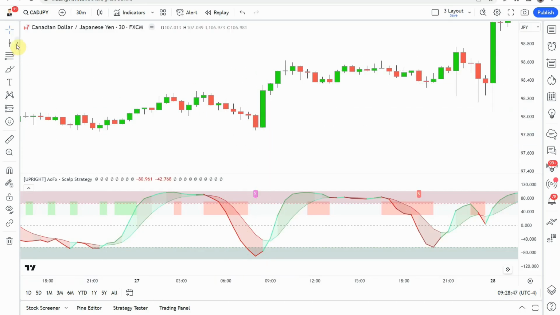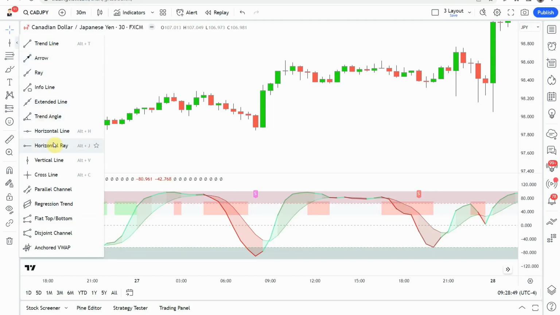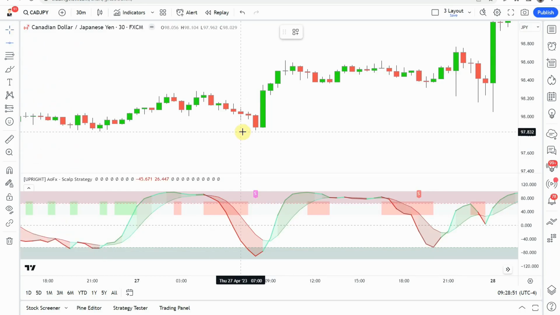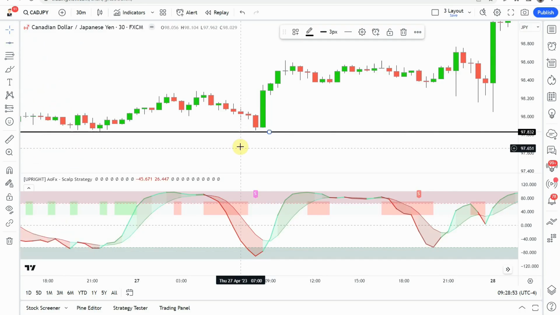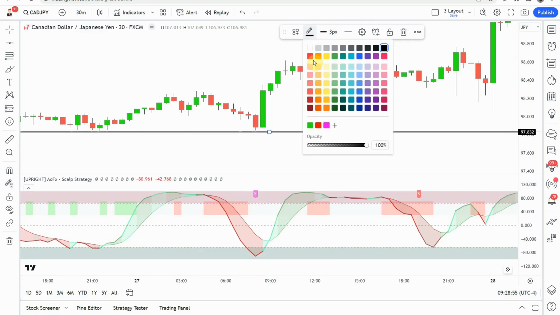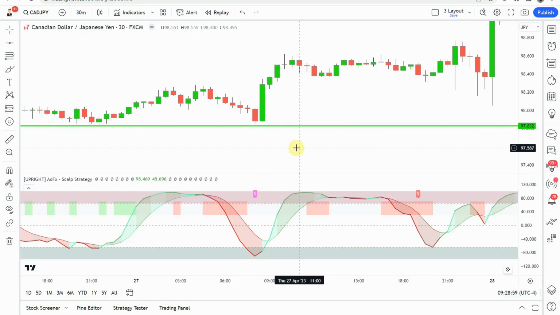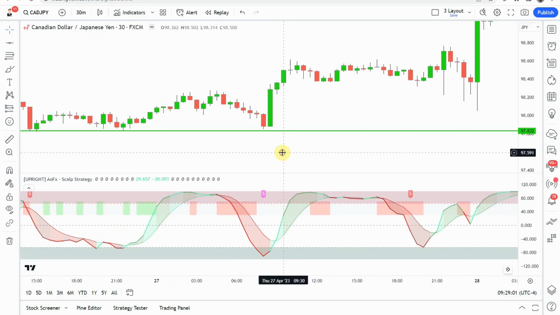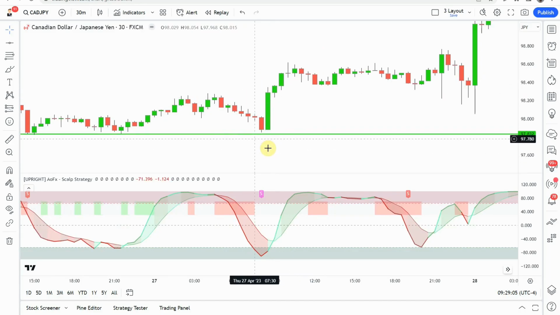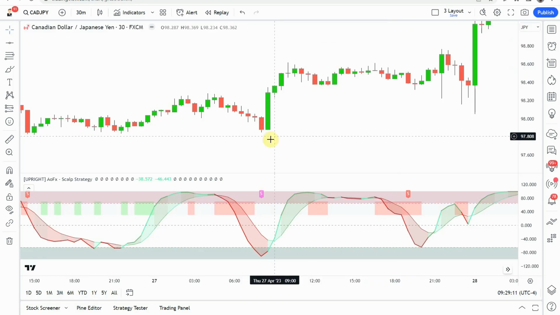So I would look for price to break below that little wick at least a few pips to the downside there, to give us a sign that we're going to have continuation to the downside. And we'd have the same thing for a long trade as well. Kind of want to give it just a little bit of breathing room to see whether or not it's actually going to continue in the direction of the signal.